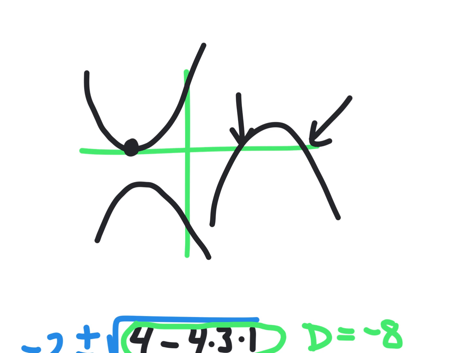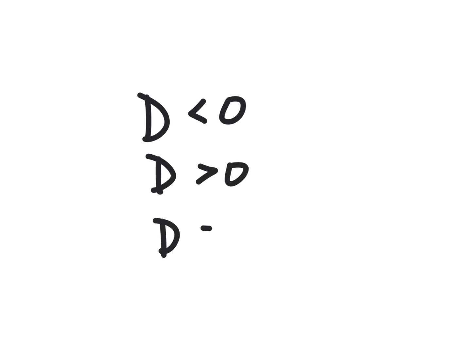So let's write out the discriminant cases. If the discriminant is less than 0, then one thing happens. If the discriminant is bigger than 0, then another thing happens. And if the discriminant's equal to 0, then a third thing happens. Zero solutions that are real.